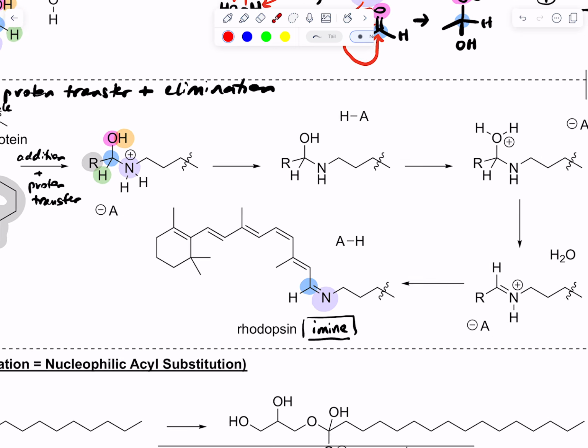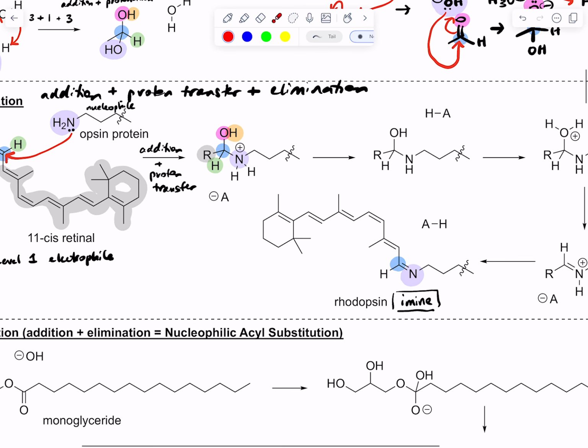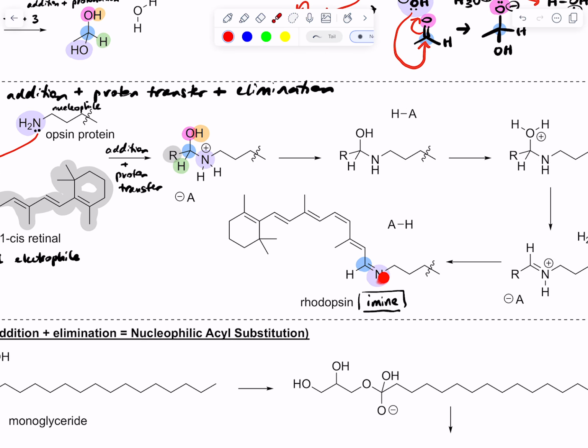All right, so looking at that intermediate that we got to, we have what used to be the carbonyl oxygen, we have an OH group, and then we have this positively charged nitrogen. Now, if you look at where we're going to end up, we want the nitrogen to stay, and we want the water to leave. And right now, the nitrogen is a decent leaving group. It's positively charged.